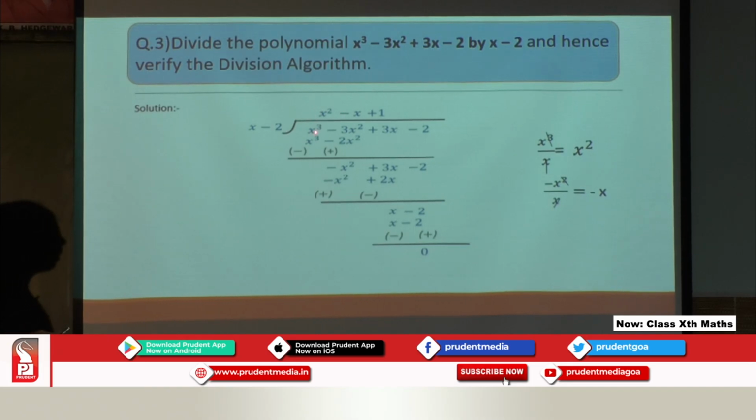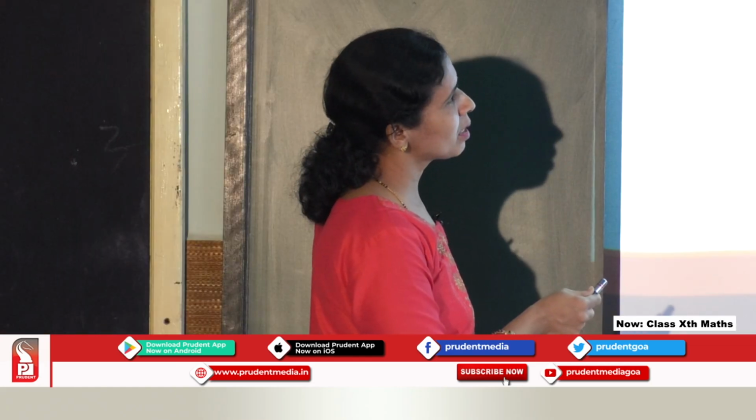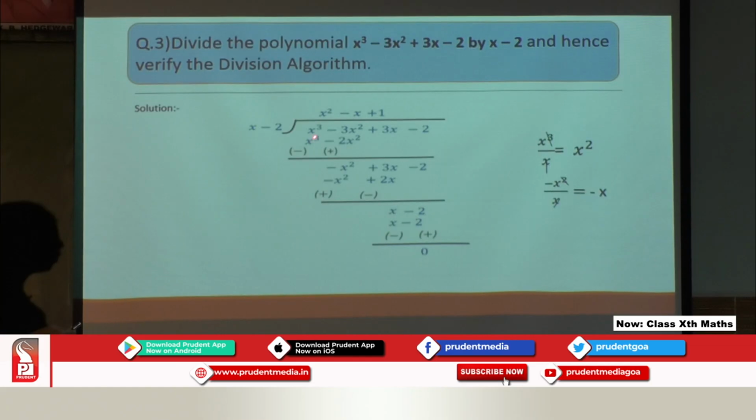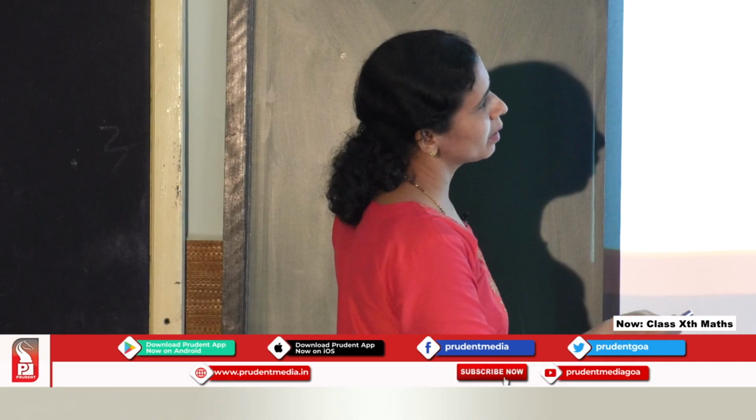Next step, we multiply the first term of the quotient by the entire divisor. So x square into x is x cube, and x square into minus 2 is minus 2x square. Now the next step is to subtract this.